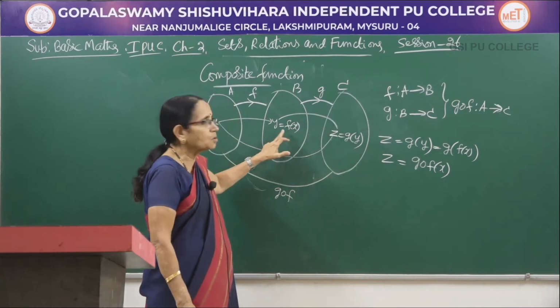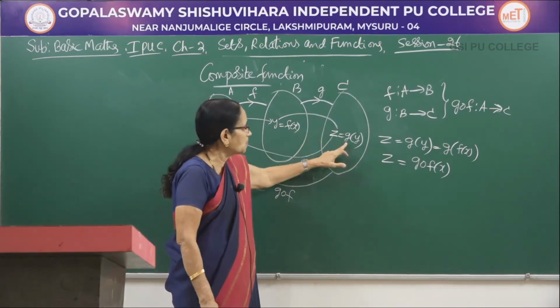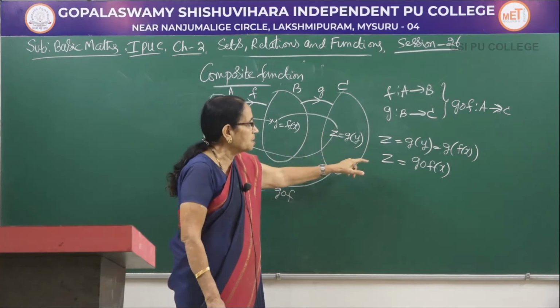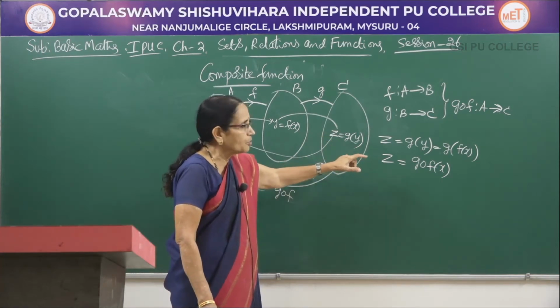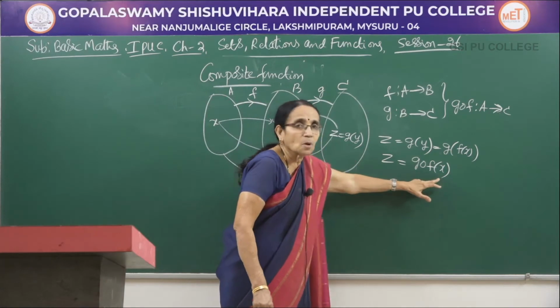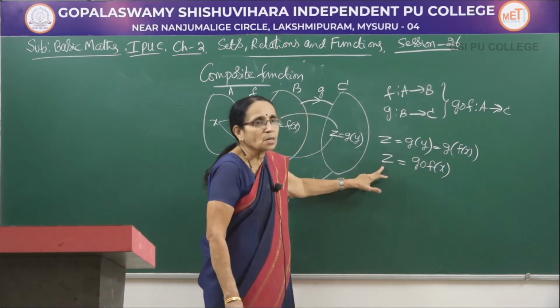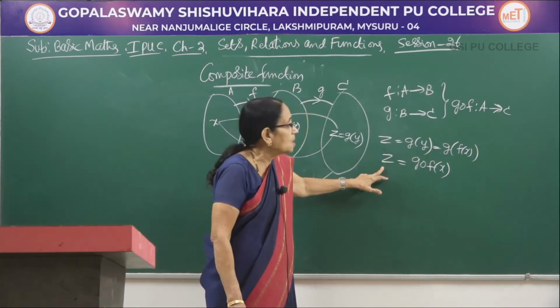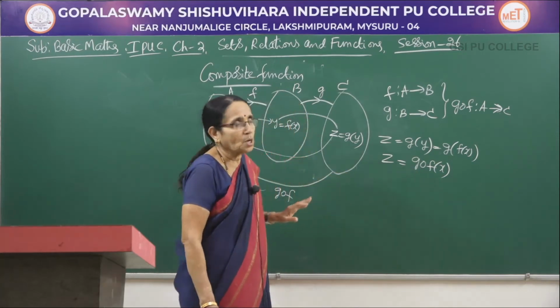Therefore, we write y equal to f(x) and z would be g(y). But what is y? Writing like this, z equals g o f of x. That means x belonging to the set A is associated with z belonging to C under the function g o f.